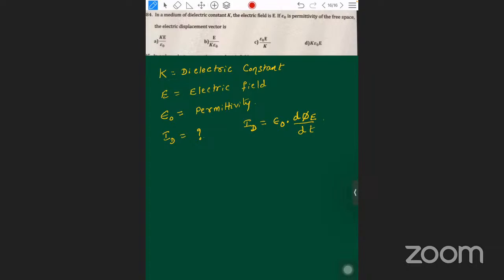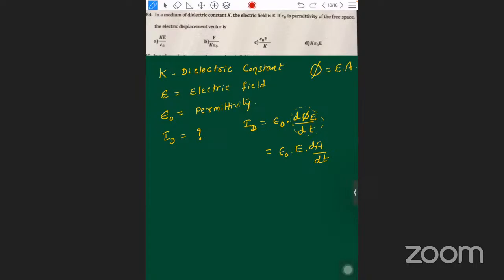Correct? And what is d phi E by dt? That is the rate of change of flux. You know the definition of flux is electric field times the area vector. So I'm going to take E times the rate of change of area, dA by dt.